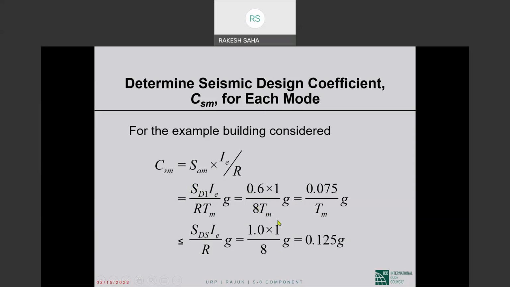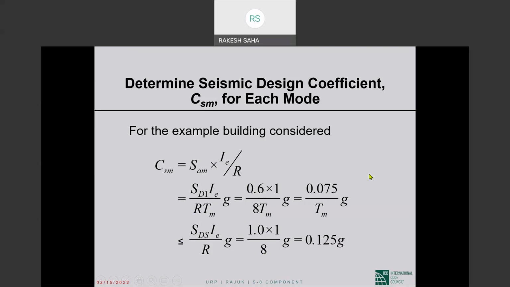So the modal base shear coefficient is 0.75 divided by modal period times G, but it cannot be any larger than S sub DS of 1, I is 1, and R is 8. So it cannot be any larger than 0.125, 12.5% of G. We are doing this example for a location where S sub DS is equal to 1 and S sub D1 is equal to 0.6.